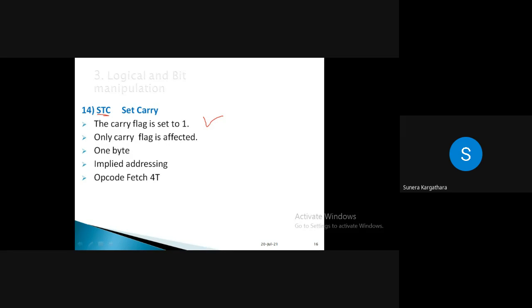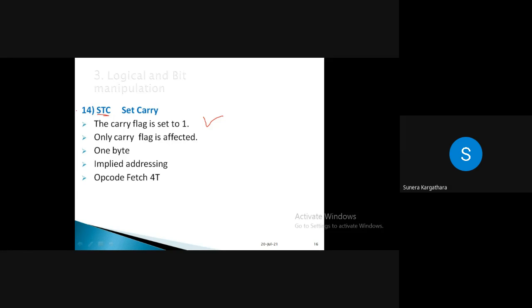Future applications we will discuss. Whenever we use the loop concept, at that time we'll check this instruction where there is a need to set the carry. So make sure the STC instruction will help you change the status of your carry. You can set your carry flag. If it is already set, there is no need to change.